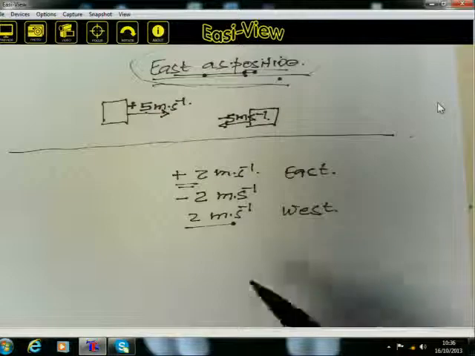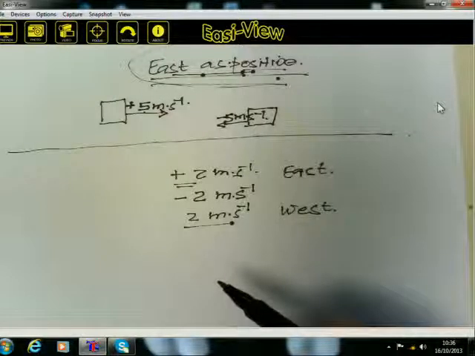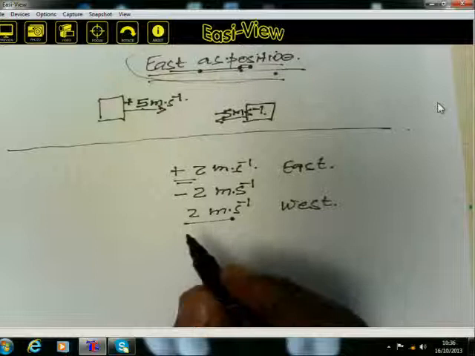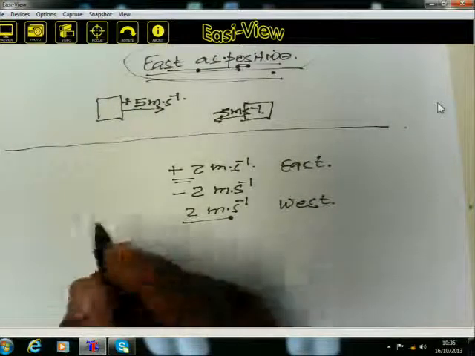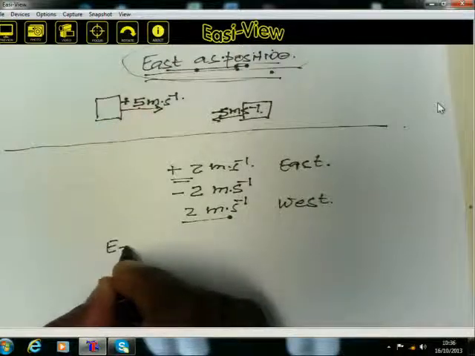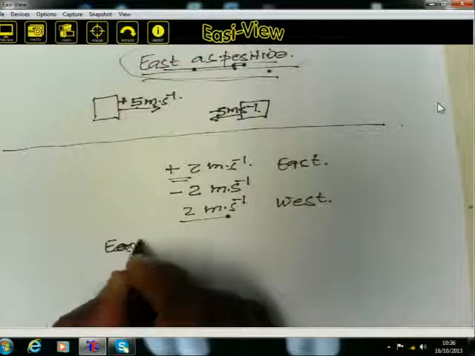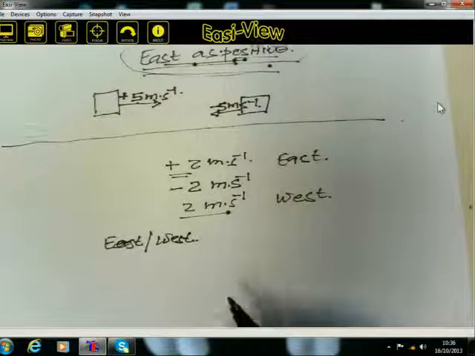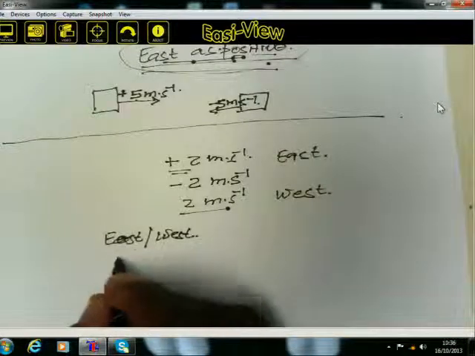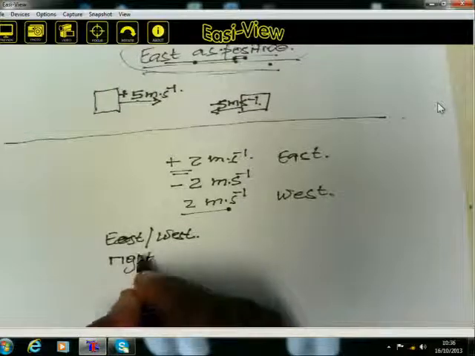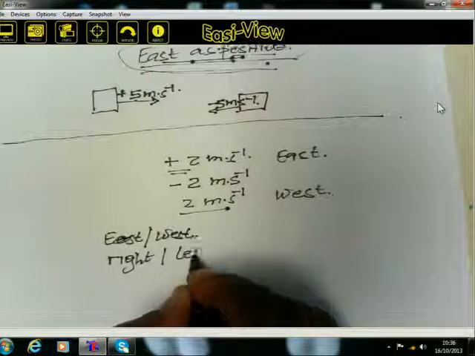Having said that, we would also like to advise that examiners sometimes use different words to describe direction. For example, an examiner can use the word east, he can use west, or the examiner can choose to use right versus left.